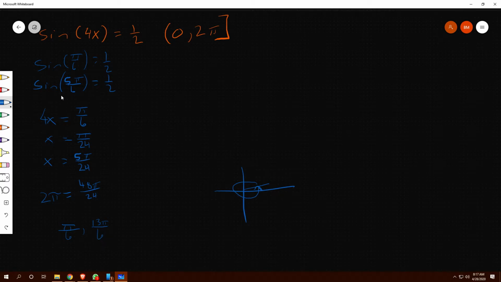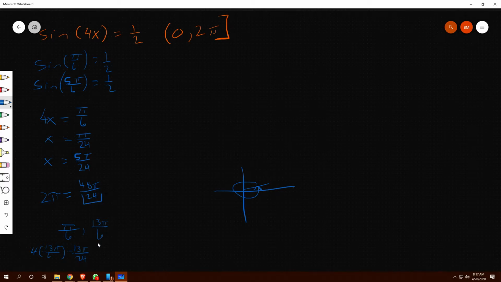And we know that if we multiply this by 4, so 4 times 13 pi over 6, that's equal to 13 pi over 24. And that is still well within the 2 pi range, that 48 pi over 24.